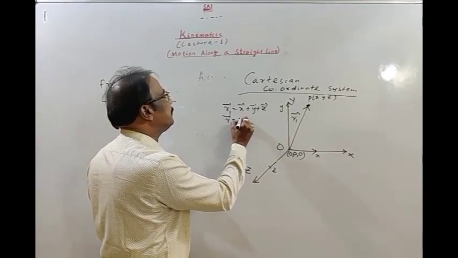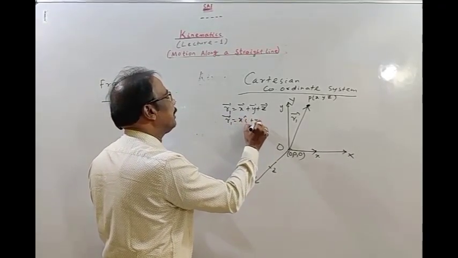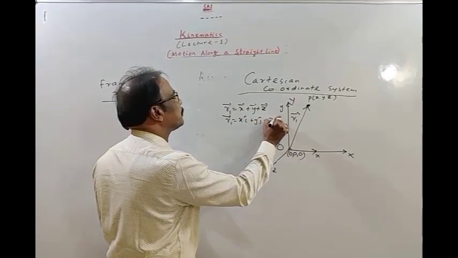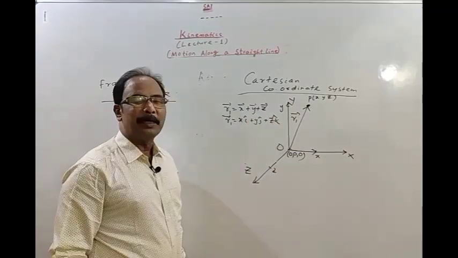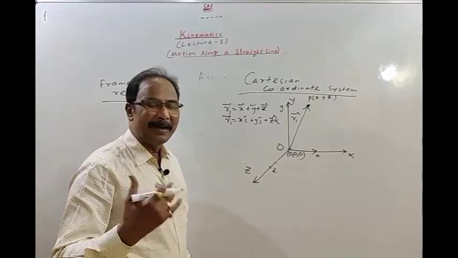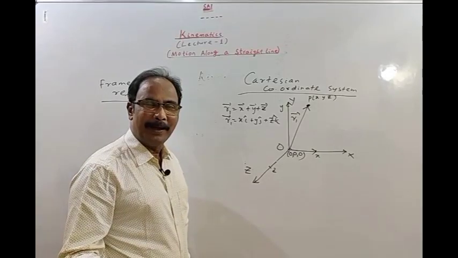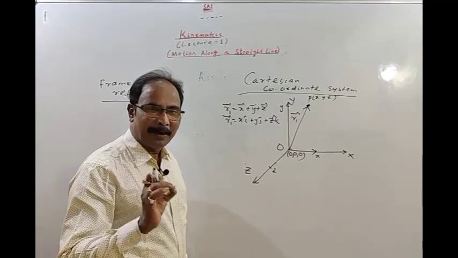In terms of unit vectors, it is x i cap plus y j cap plus z k cap. Here i cap, j cap and k cap are unit vectors along the x-axis, y-axis and z-axis respectively.